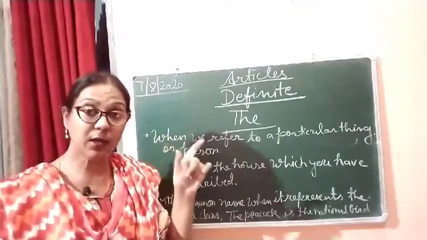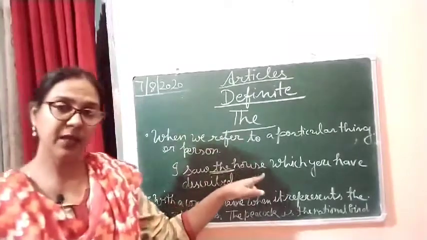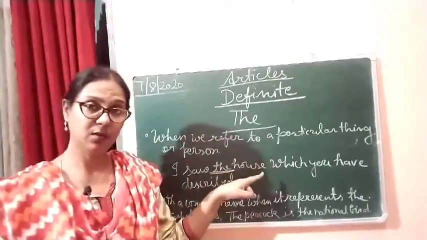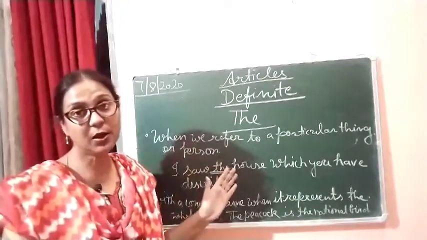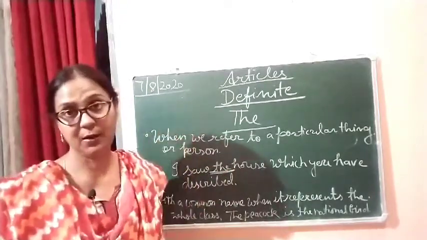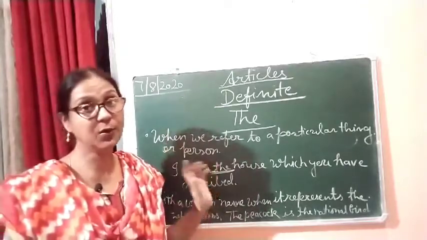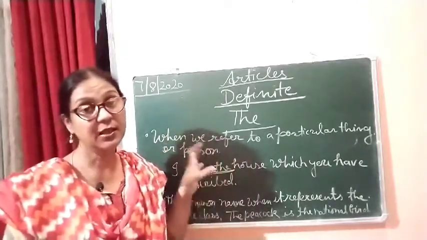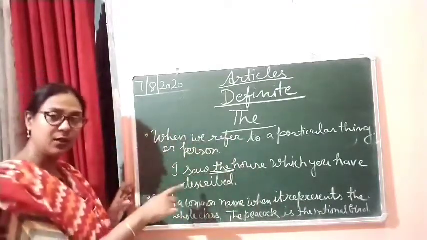Here you can see we are specifying that particular house. It is not an ordinary house. This is the particular house that you described to me. That is why we have used the here, because we are specifying that particular house.